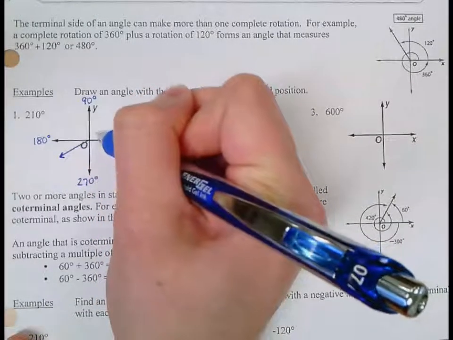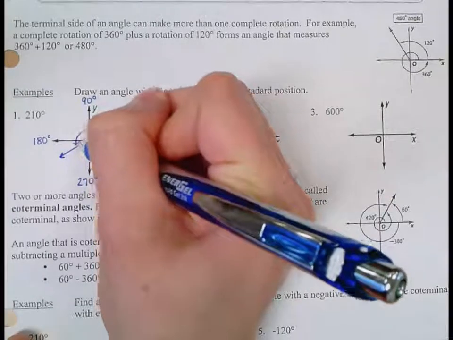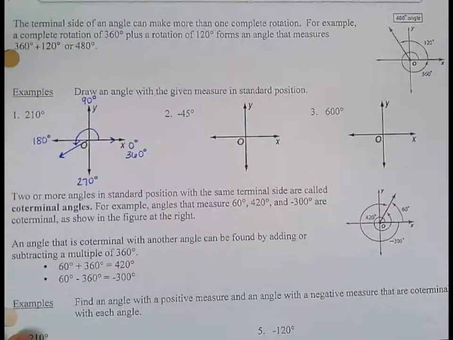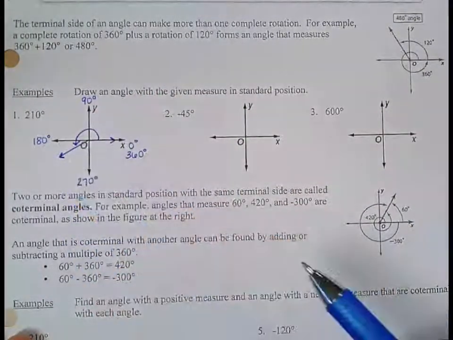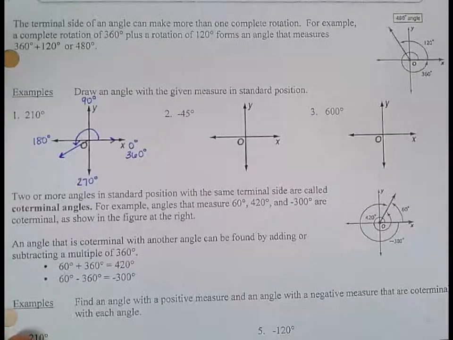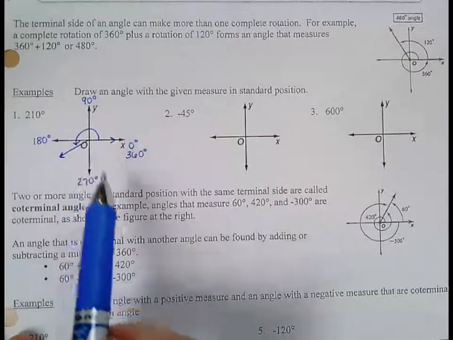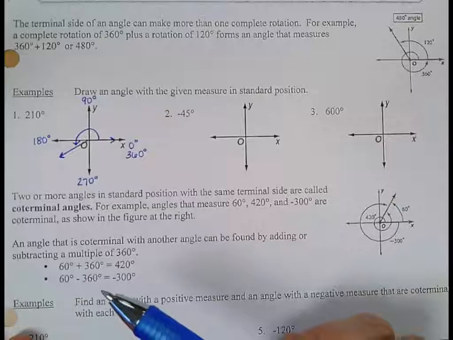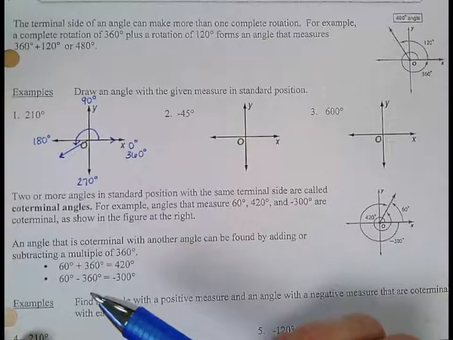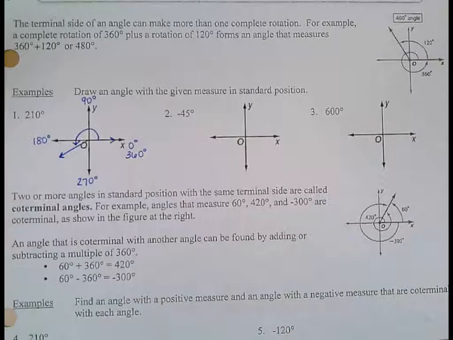So I'm starting at 0 and going to the terminal side of 210, and then going around counterclockwise because it's a positive angle measure. So to draw an angle in standard position, that's it. Bless you. Questions on that? Okay. It's more just about figuring what direction you're going as well as the placement of your terminal side.